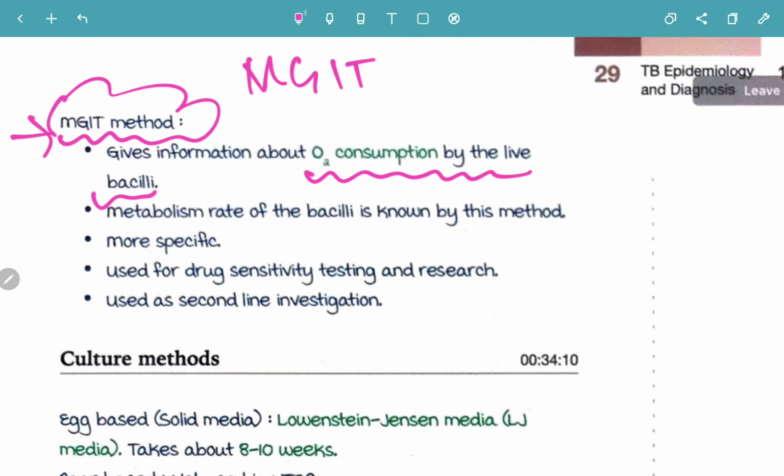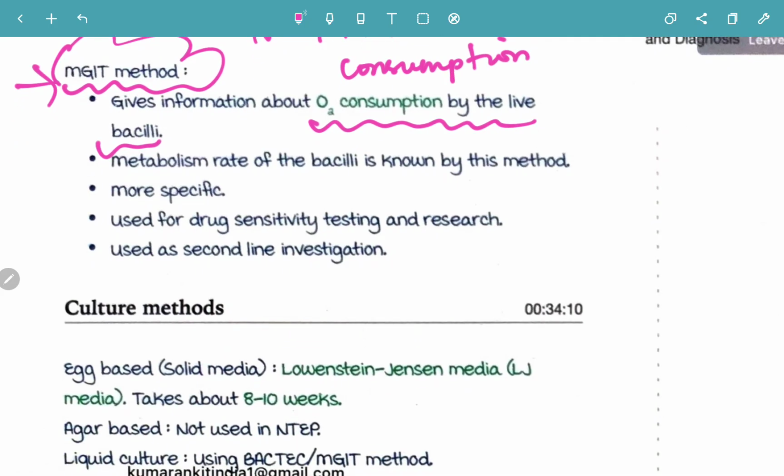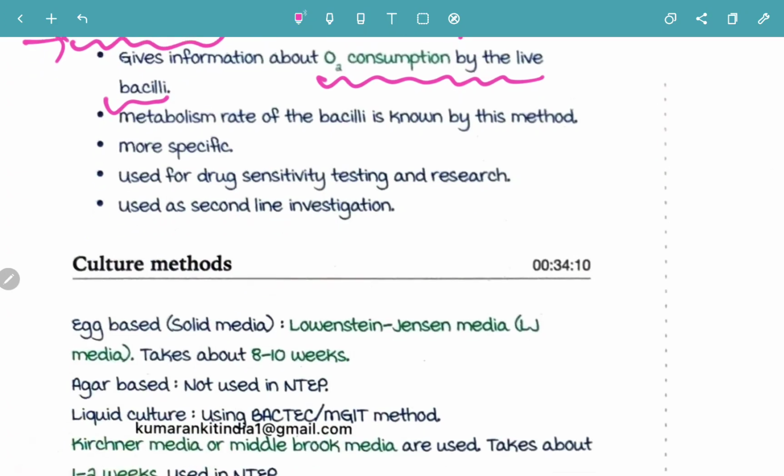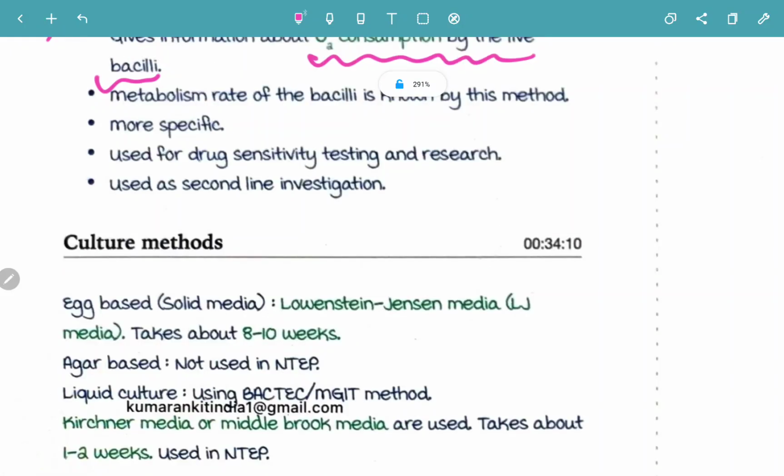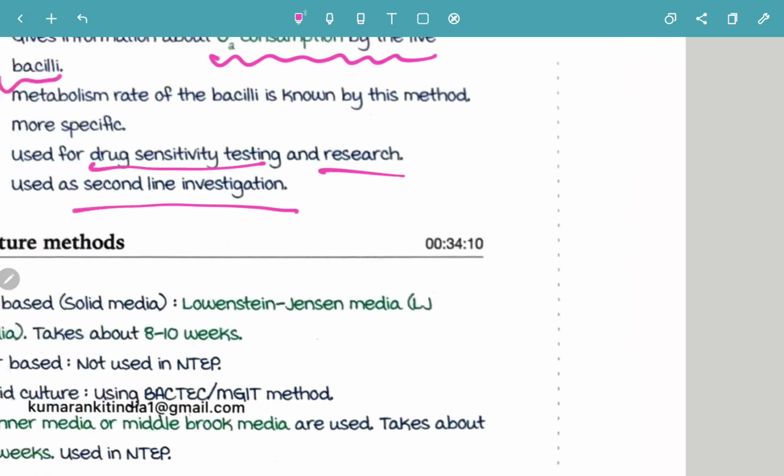So BACTEC detects the CO2 emission by the live bacilli, and MGIT detects the oxygen consumed by the live bacilli. So the metabolism rate of the bacilli is known by this method. It is more specific. It is used for drug sensitivity testing and research. It is used as a second line investigation.